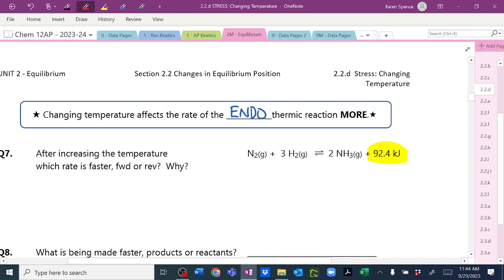The endothermic. Is endothermic in this case forward or reverse? Reverse. So it's going to be more. And exo also increases, but it increases less. So which rate is faster? The reverse.